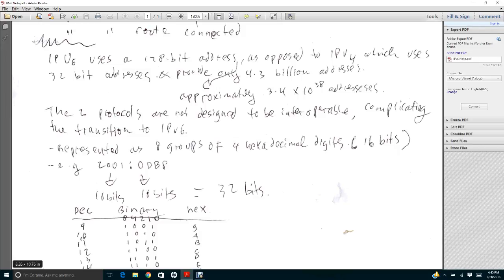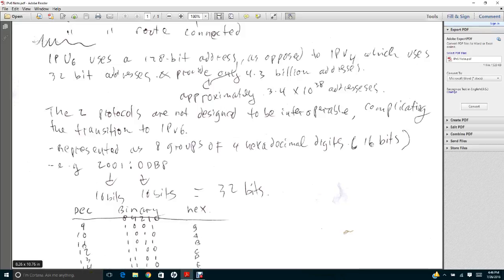The next one is 10. For 10, the binary number is 1010, which is 8 plus 2. The hexadecimal number is A. Okay.